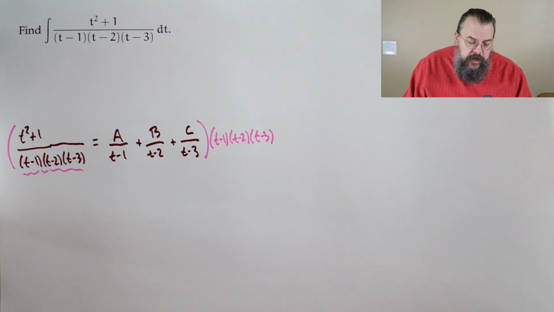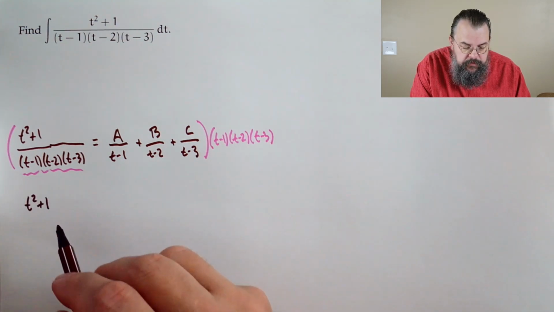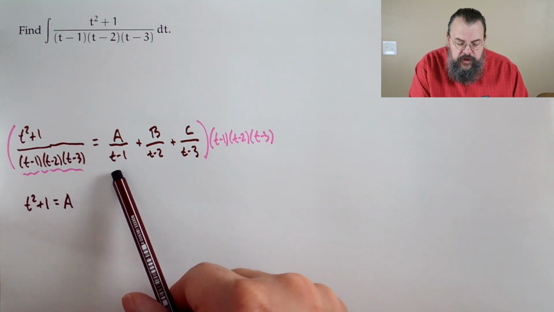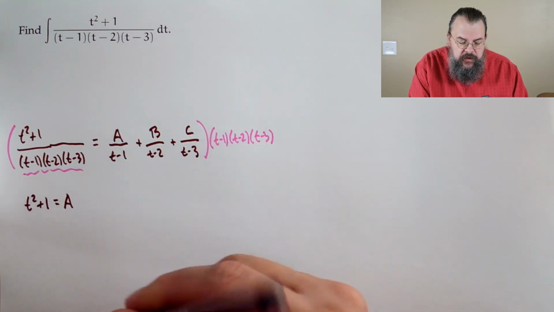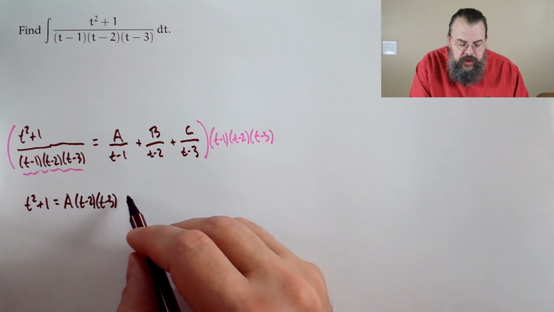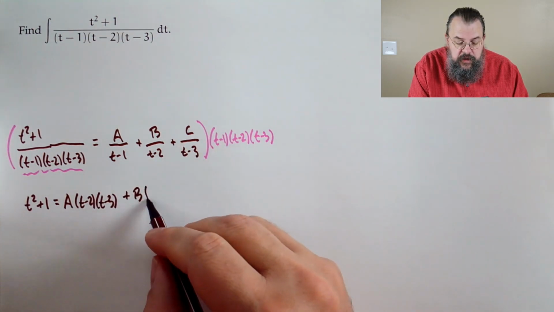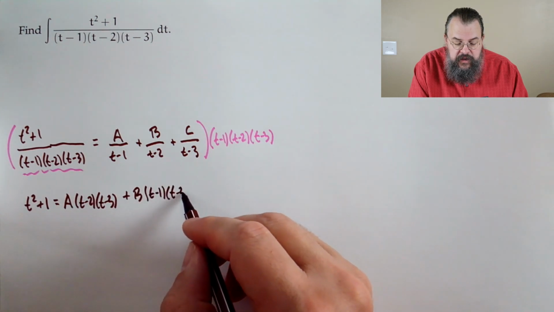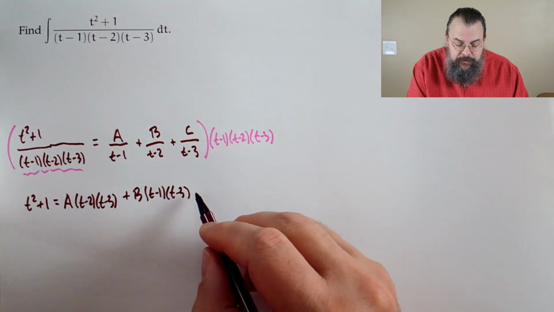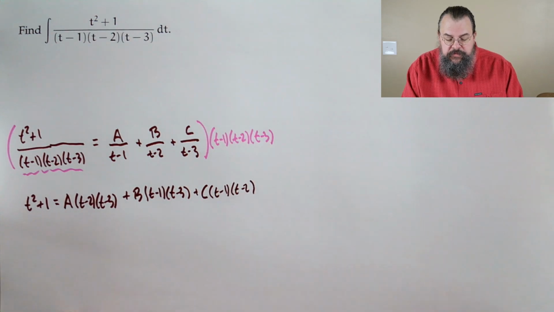And once we do that, we're going to get the following. t squared plus 1 is equal to A, and now the t minus 1's cancel, so that'll be times t minus 2, t minus 3, plus B. The t minus 2's cancel, so t minus 1, t minus 3. Here, the t minus 3's cancel. And so we're going to be left with C, t minus 1, t minus 2.